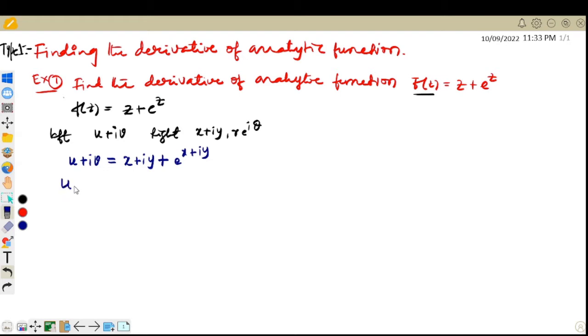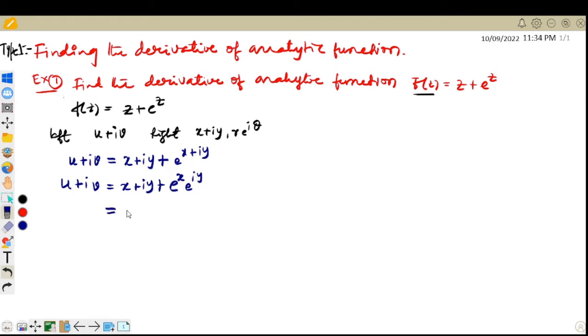So u plus iv is equal to x plus iy, right as it is, plus, the exponent power consists of the sum of two terms, you can split it as e raised to x into e raised to iy. The reverse order is when bases are same, powers are added. If power is a sum of two terms, you can split separately.